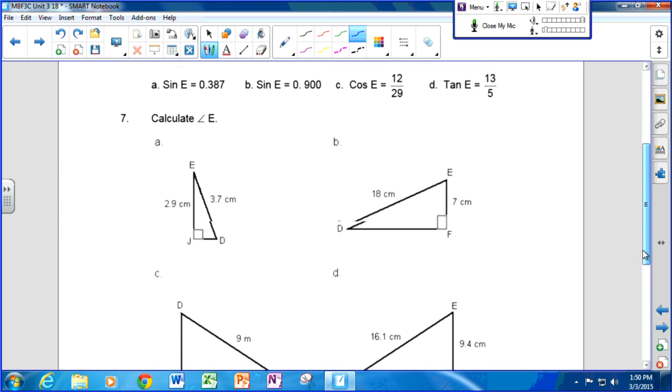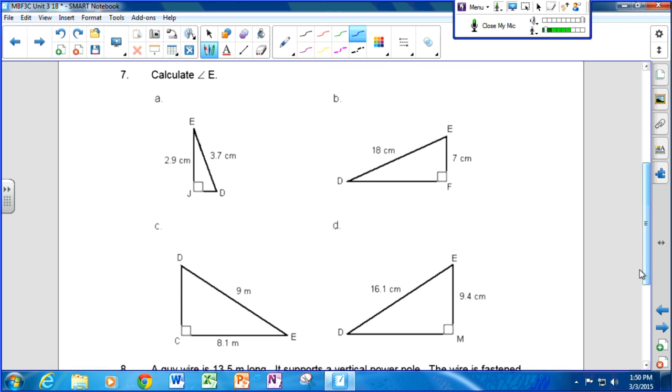Okay. And now, see here, they want you to calculate E. So you have to decide which one, right? Now, notice that I label my diagrams. I strongly recommend you do that. Write down whatever you know about the diagram on it, any measurements, right? It's just a good habit to get into.